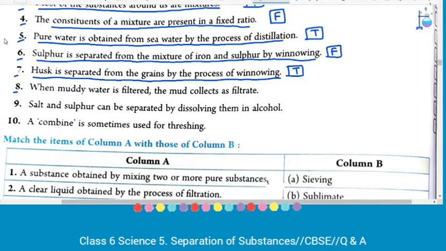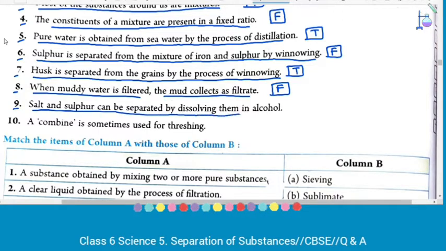Eighth, when muddy water is filtered, the mud collects as filtrate. False. Ninth, salt and sulfur can be separated by dissolving them in alcohol. False. Tenth, a combine is sometimes used for threshing. True.